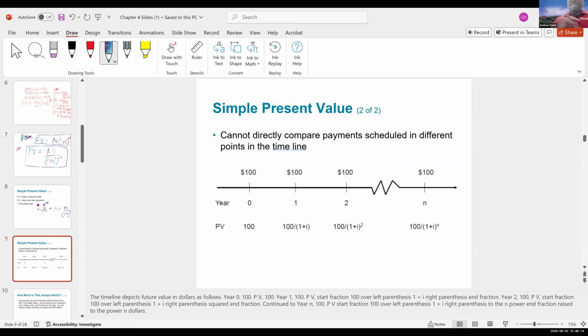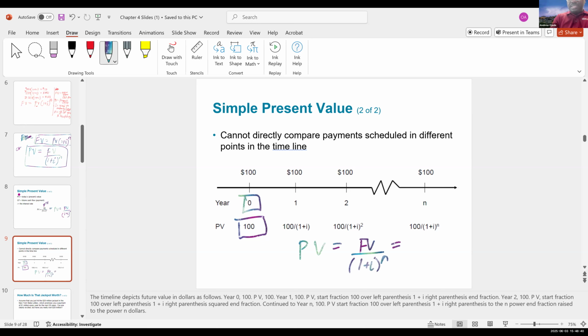And when you put it in a timeline, the present value of $100 that gets paid to you today means the time is 0. Today, time has not yet elapsed, it's 0. So n is 0. In that formula, the present value is given as future value or cash flow over 1 plus i to the power n.